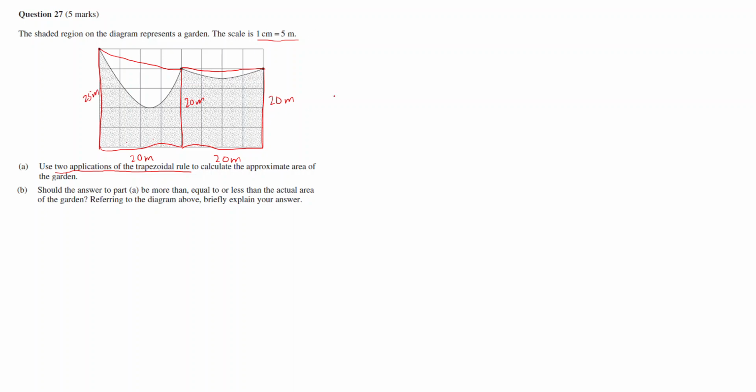So the area of a trapezium is half times the sum of the parallel sides times the width. In this case, these are the parallel sides, 25 and 20.